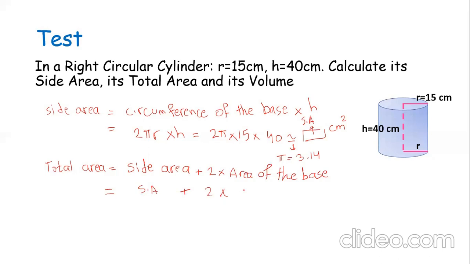The area of the base is the area of the circle with radius r, which is equal to 15 centimeters. So it is now SA plus 2 multiplied by π multiplied by 15 squared, and this will give me an answer in squared centimeters.